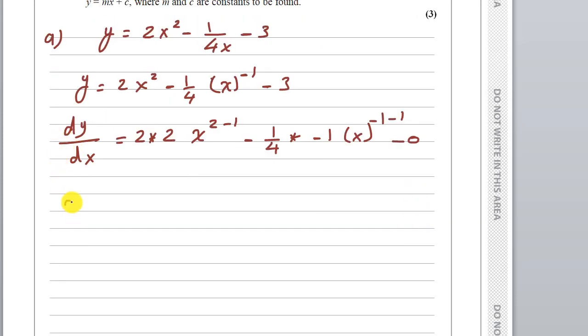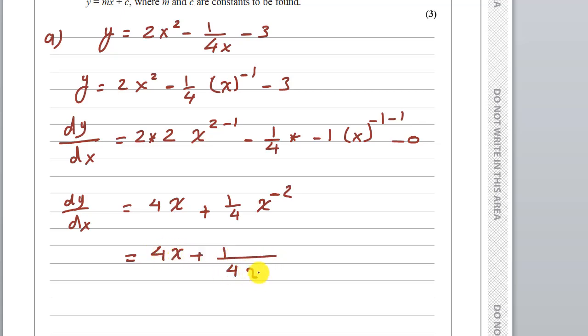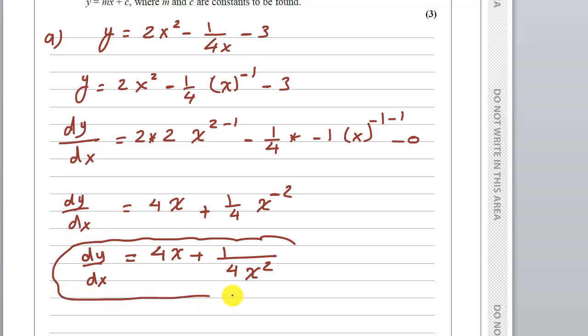So dy by dx will equal 4x minus 1 over 4 times minus, minus plus. So plus 1 over 4 x to the power minus 2. So it's equal to 4x plus 1 divided by 4x squared. This is dy by dx, and this is the answer of this part of the question.